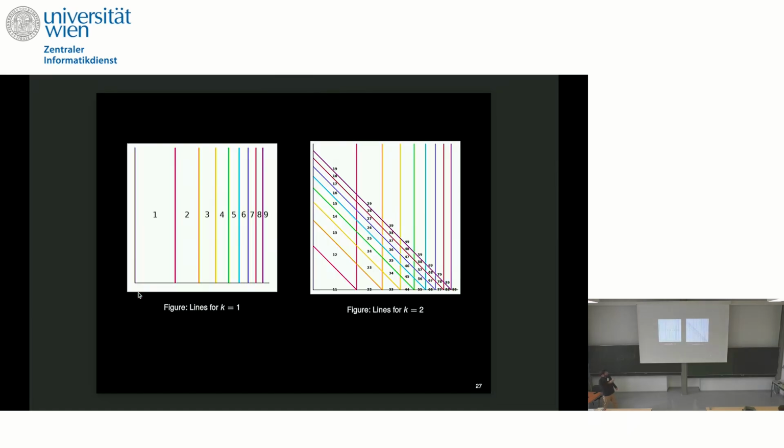Actually, this line is the logarithm of 1, 2, and so on. So here, for the first level of the partition, we have only the factors with length 1.